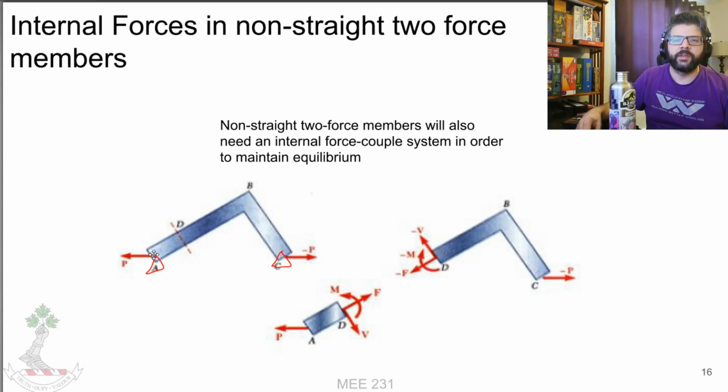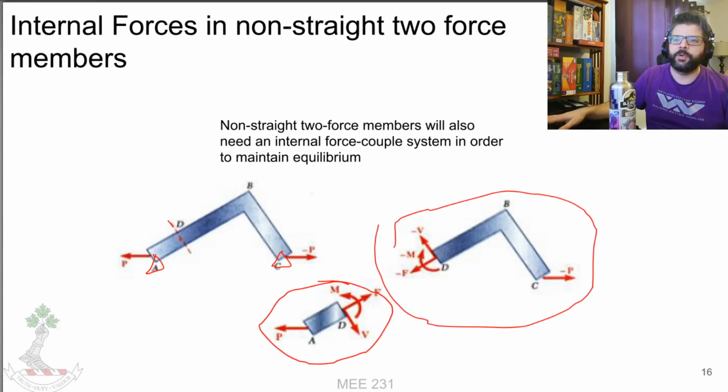That having been said, because this thing isn't straight, if we take a slice here at D and break this up into these two components, then we're not going to have just axial forces able to keep this thing in equilibrium, because the point we're looking at is no longer completely in line with the line of action of the forces.